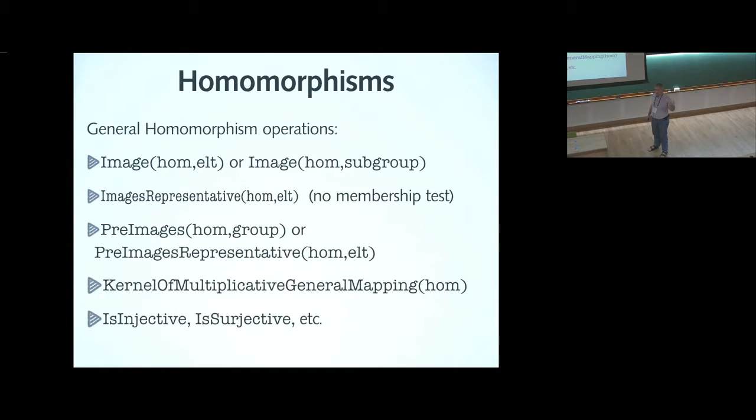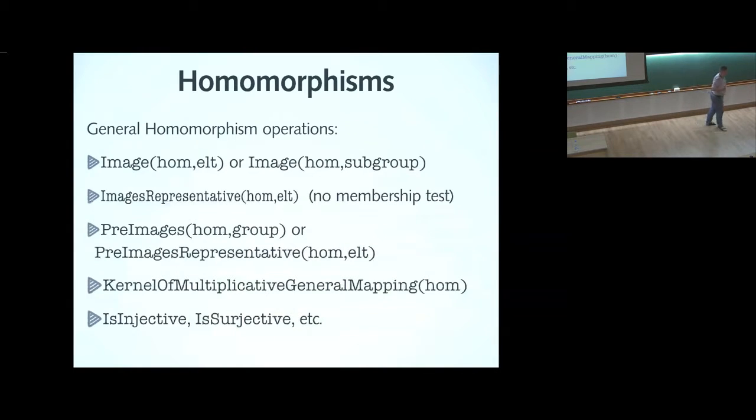If there is a unique way to complete this, GAP will do so. If not, it waits, and if you press tab a second time, it lists all the ways it can be completed. That can save you typing such a horribly long name. So that's the kernel of the homomorphism, and then you can test whether a homomorphism is injective, surjective, and so on.